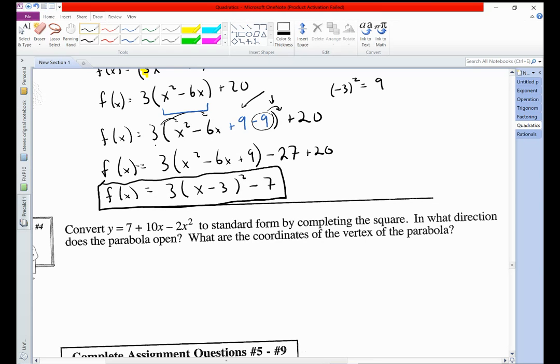So now we know our vertex is going to be PQ, which is positive 3, negative 7. And that means we have a positive A value, which means we're going to get a minimum, and it's going to be at negative 7, which is our Q value.